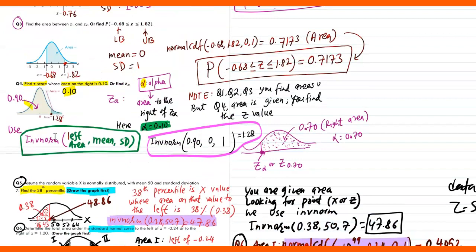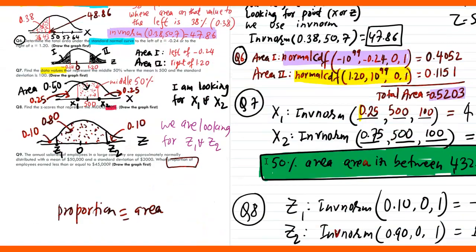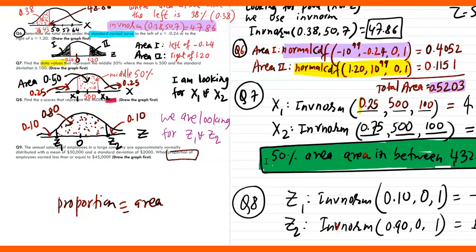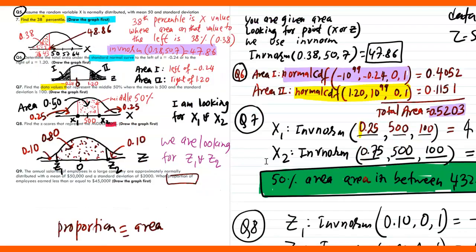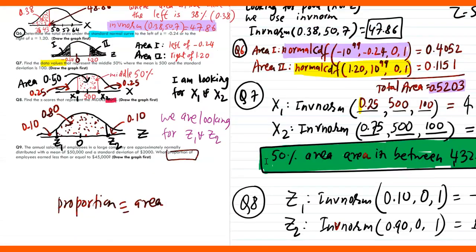So far you are learning how to find the area, right? Or how to find the probability. Does that make sense? Okay, let's do question number 9. Okay, 9 is also about finding the area, but it asks what is the proportion.